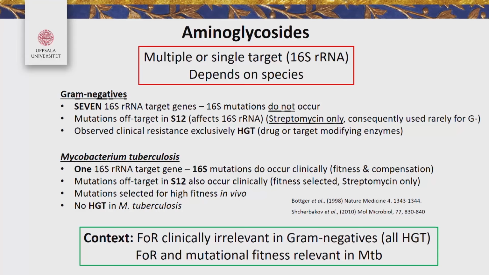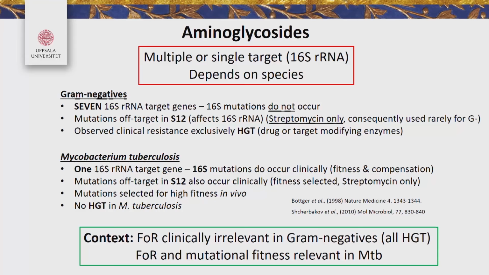And as a consequence, you don't see mutations in the ribosomal RNA in gram-negatives. The exception is streptomycin, where you do get mutations that affect S12, but as a consequence, streptomycin is seldom used for gram-negative infections. But the observed resistance for aminoglycosides in gram-negatives is almost exclusively horizontally gene-transferred.